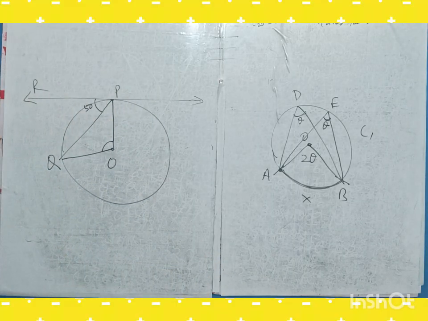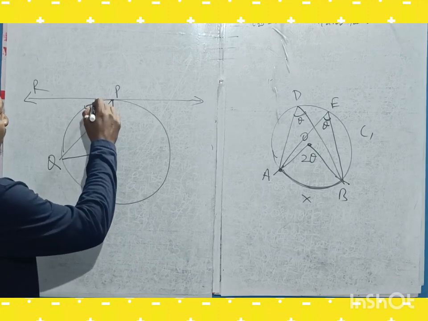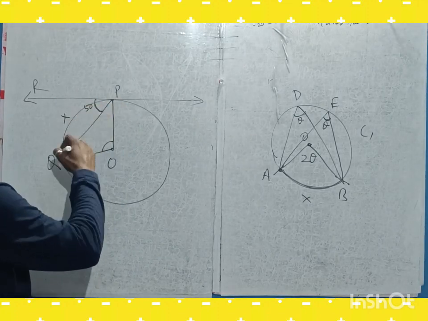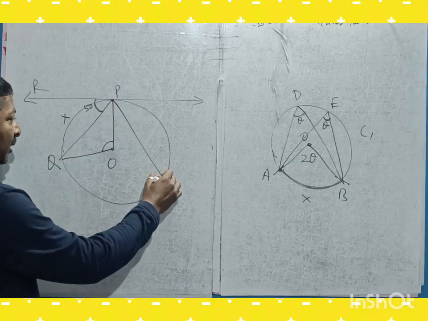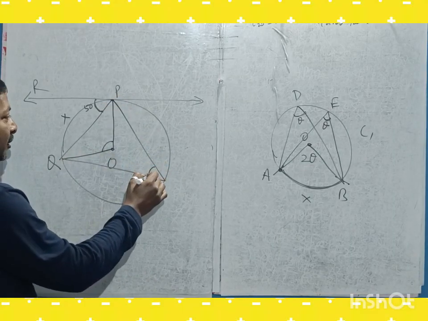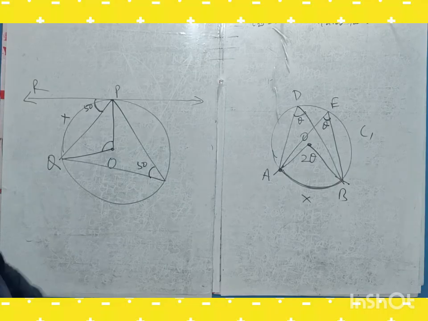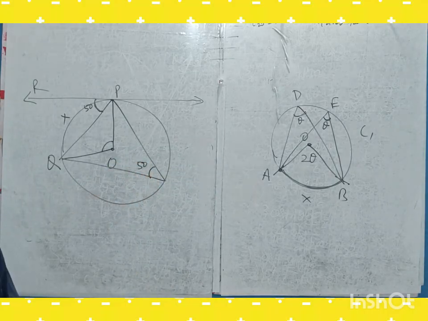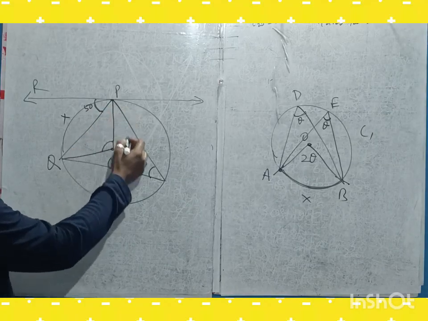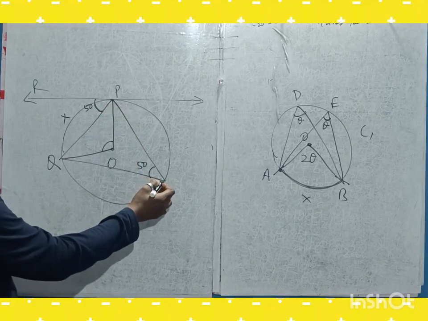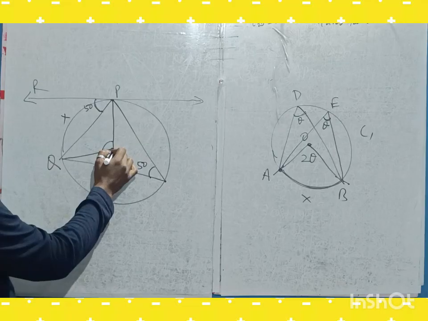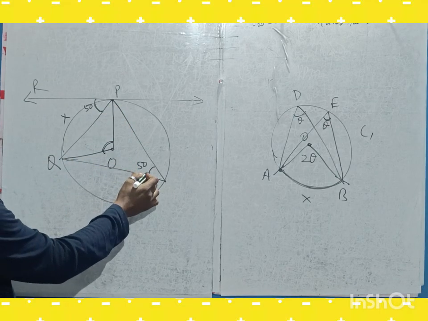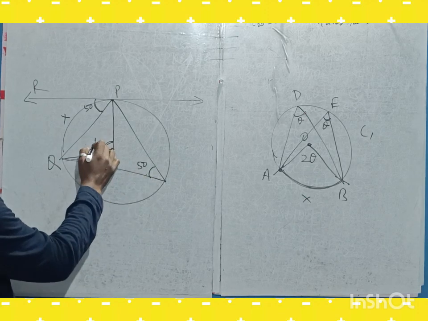So now, if this is an angle theta, then from this chord or from this arc PXQ, I am taking a circumference angle here, and this will be 50. The same case is there. Okay. If this is 50, see PXQ, it is an angle towards circumference, and this angle will be towards center. So if this is theta, it is 2 theta. If this is 50, it will be 100.